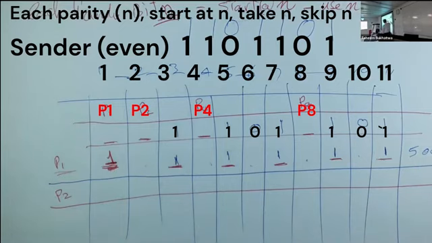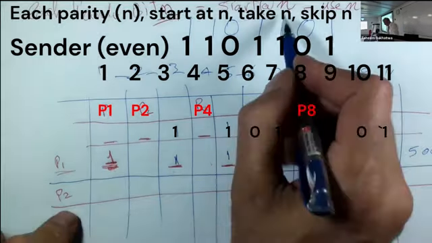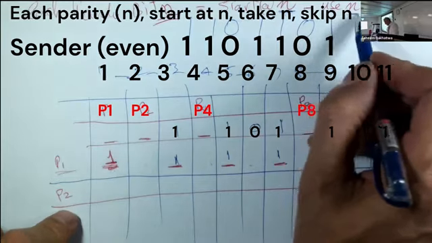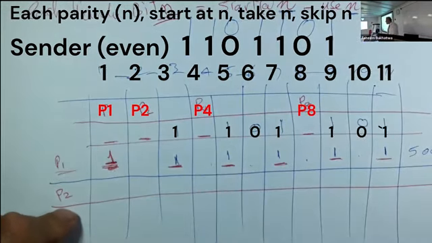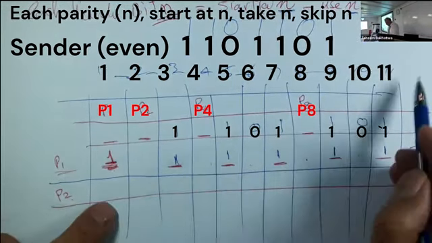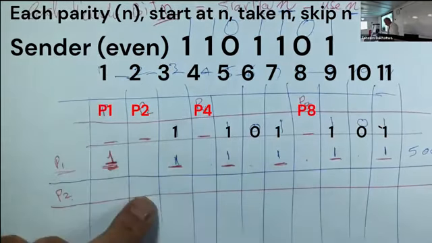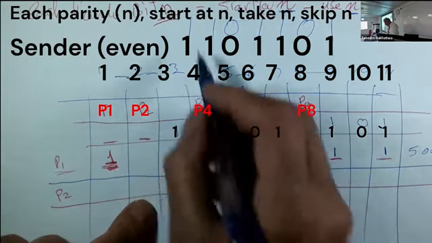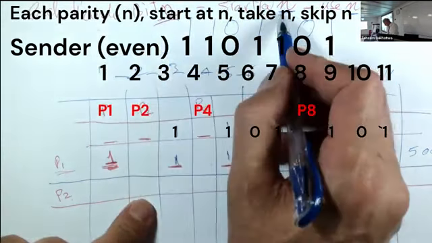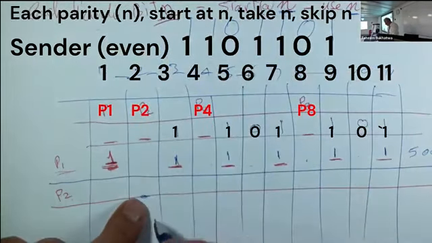Anybody can follow this rule that says for parity number 2, start at number 2, take 2 bits, and then skip 2 bits. So instead of 1, we're just going to do the same thing, but we're going to work on number 2. So you forget about the first column. You don't go near it. For bit number 2, start at number 2. We're going to start at this point.